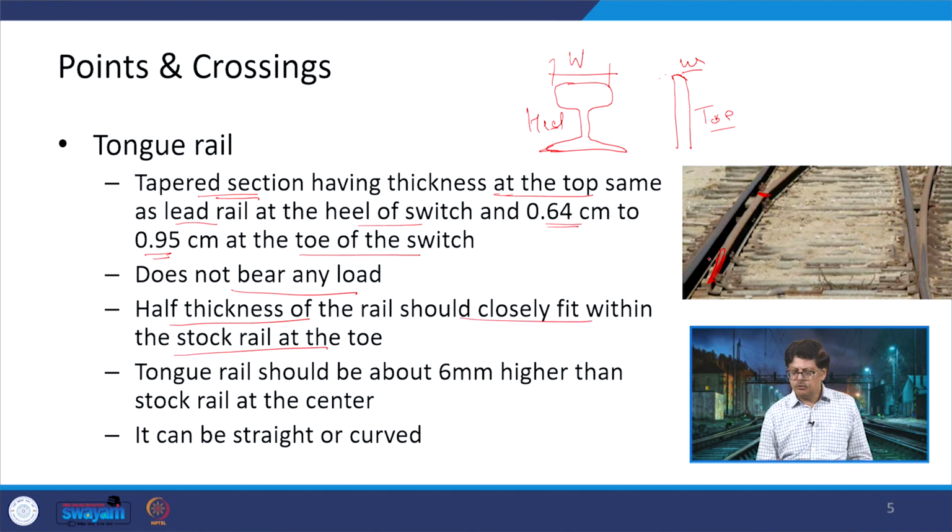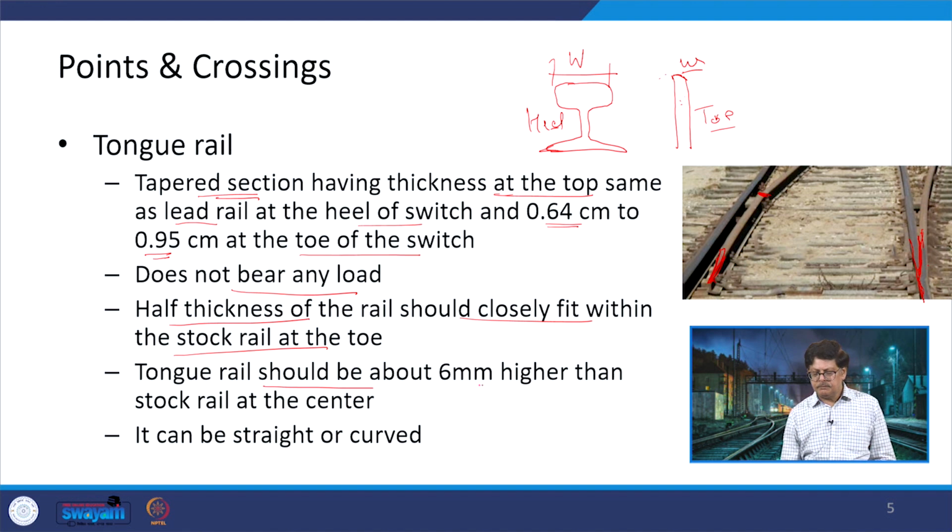So, this is the toe, and this rail section, the tongue rail, should fit in very easily into the stock rail. You can see that here, this is a stock rail which is going on and then it becomes straight like this. So, this tongue rail is provided the shape in this way so that it just gets fit in with the stock rail.